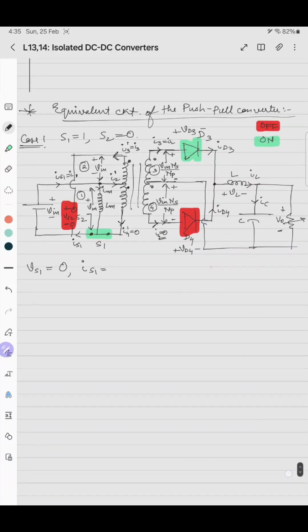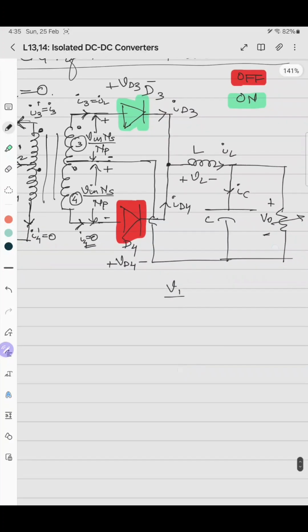first we'll write the relation V1 by Vi, we'll write for the ith winding is equal to N1, which is Ns by 2, divided by Ni. Now the current, the inverse relation should be followed, that is I by I1.